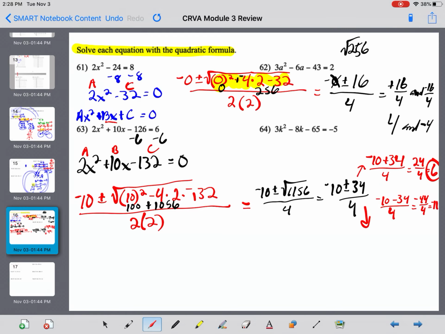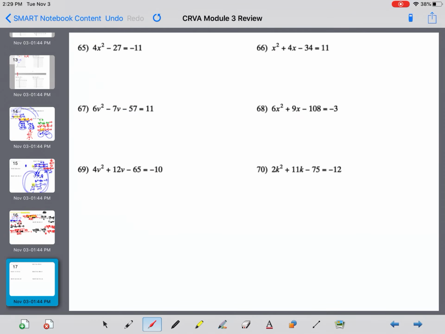And you get negative 44 over 4, which is negative 11, which is an answer. In other words, if you plugged 6 in for x, or if you plugged negative 11 in for x, you should make the equation true. You should get a 6 out in your calculator because they were asking what equals 6 in the original equation.